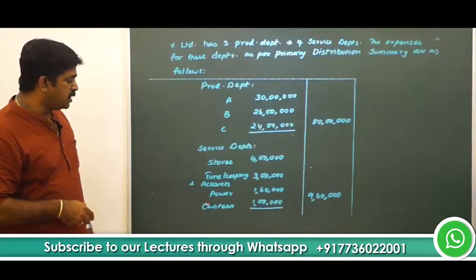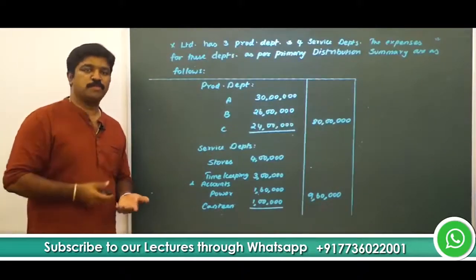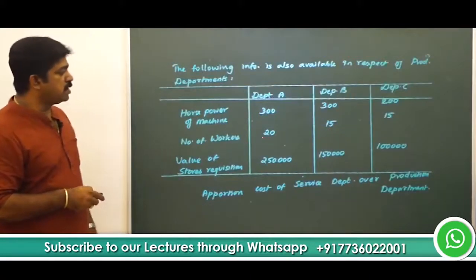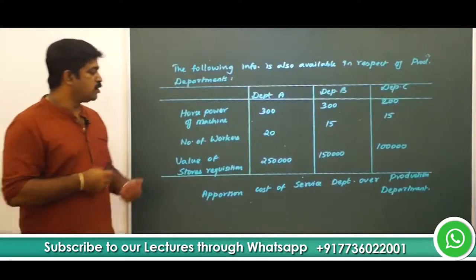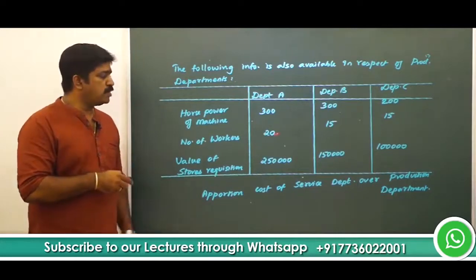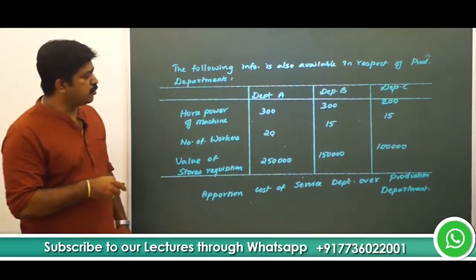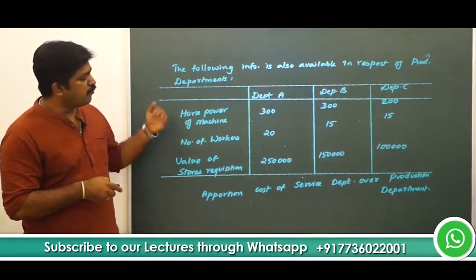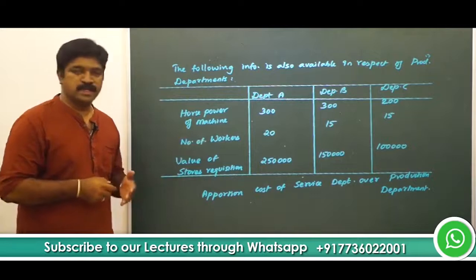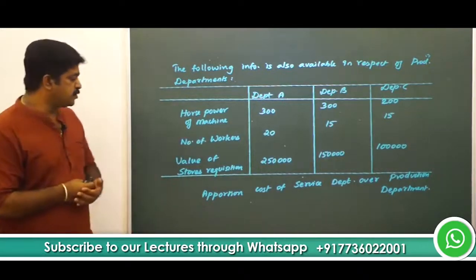Not only that, canteen, it is 1 lakh. It's basically for the people in the respective departments, 20, 15, 15. So these 2 items can be apportioned on this basis. If you convert this into a ratio, 20:15:15 can be converted as 4:3:3.